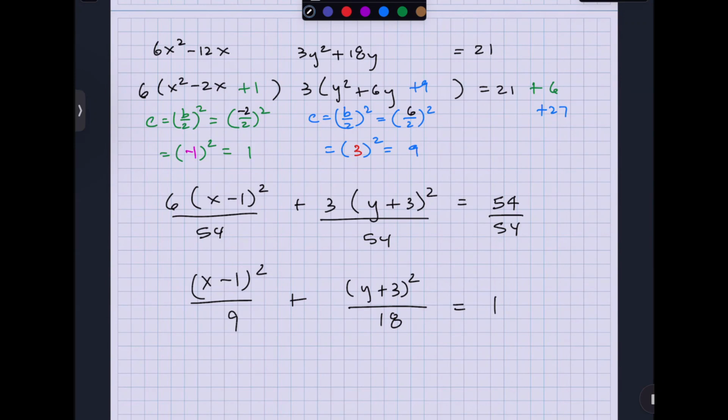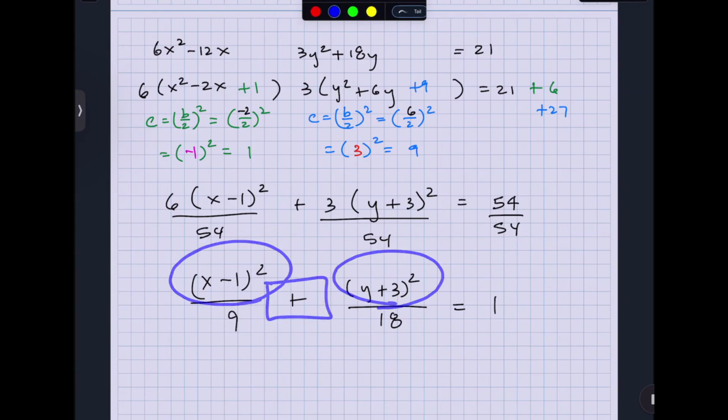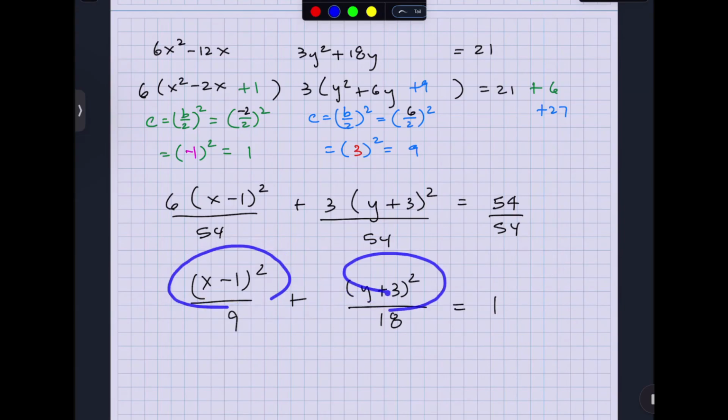I'm sorry, 1, -3. Do we know why it's an ellipse? Anytime x is squared, y is squared, and it's addition, it's an ellipse. If x is squared, y is squared, and this is subtraction, then it's a hyperbola. If x is squared, y is not, it's a parabola, or y is squared, x is not.